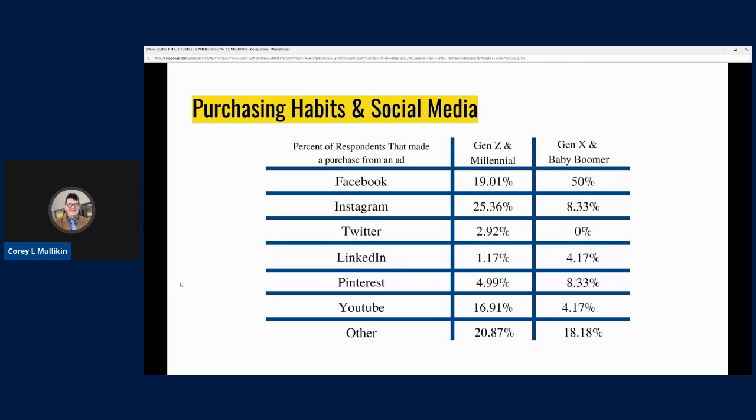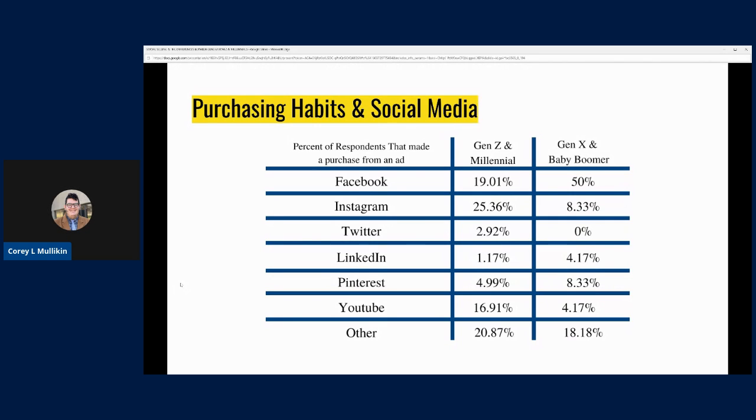Now, the other category had a lot of interesting responses. Some were kind of throwaway. For example, a fair amount of Gen X and baby boomers said, oh, well, I buy off of Facebook yard sale groups. Well, that's not really an ad, but okay. Some said, oh, I buy subscriptions to an online newspaper. That's not really an ad.